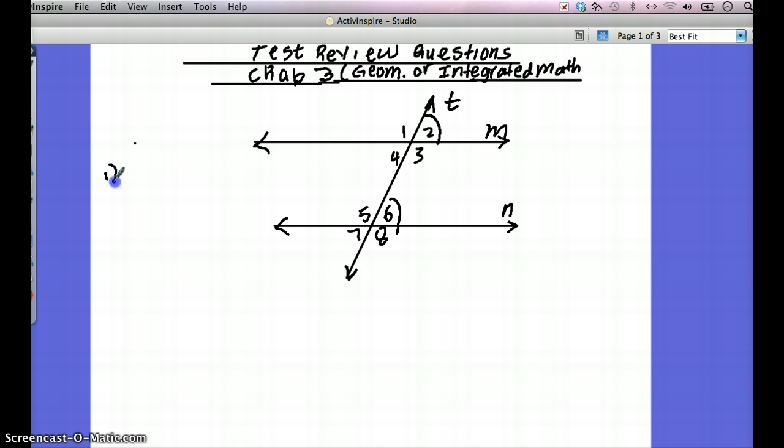So that's one, corresponding angles converse. And it's good that you know what corresponding angles are.